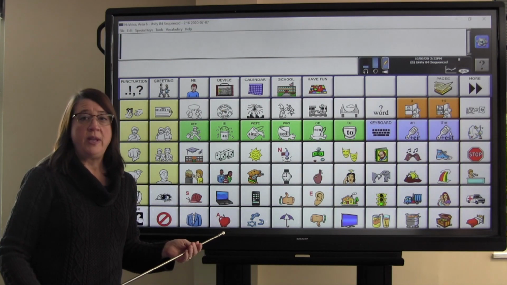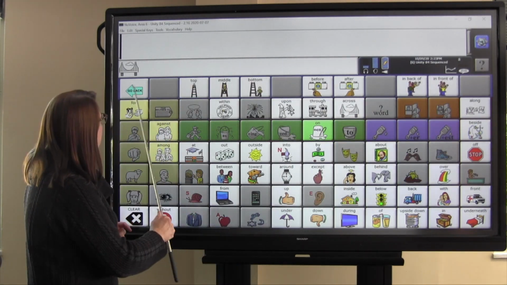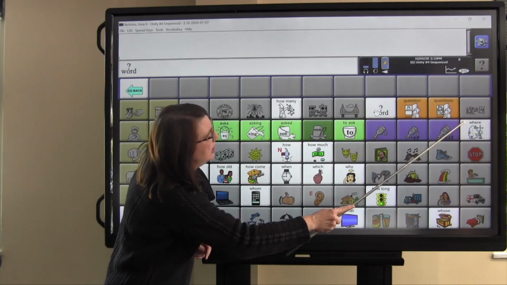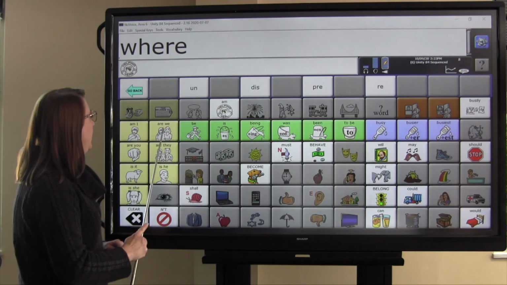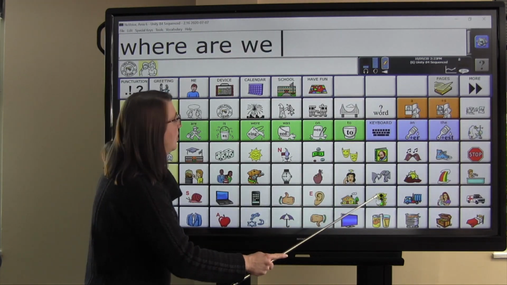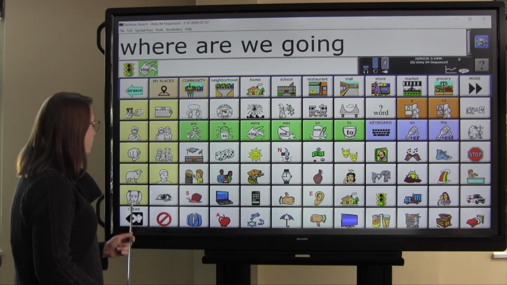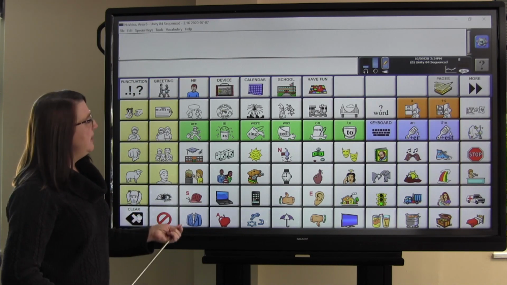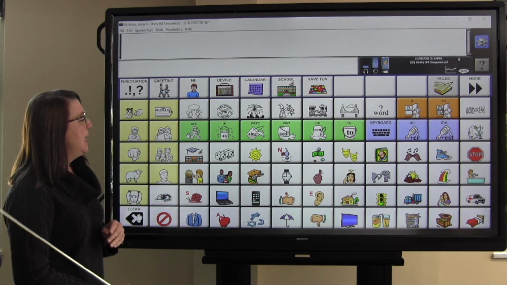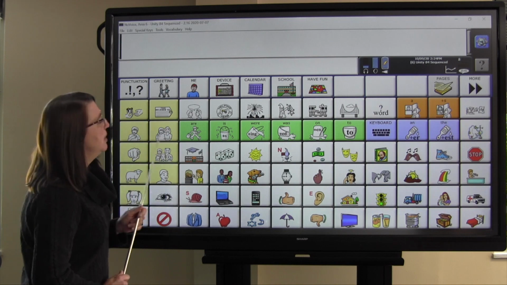Where are we going? Question word plus the map. Where? Where are we going? Let's do one more with where. Let's say, where is my notebook?